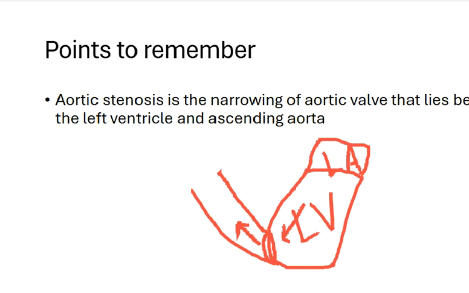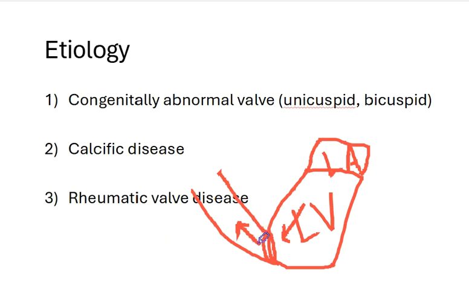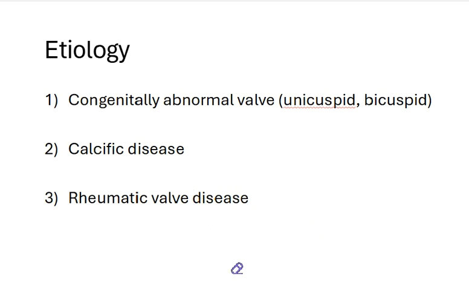Now, it's important to remember that you might get questions along the lines of what's the cause? Now, in that case, you have three common causes. The most common being a calcific disease, so calcification, which is the most common cause, and that usually is seen in age more than 70, but not always.